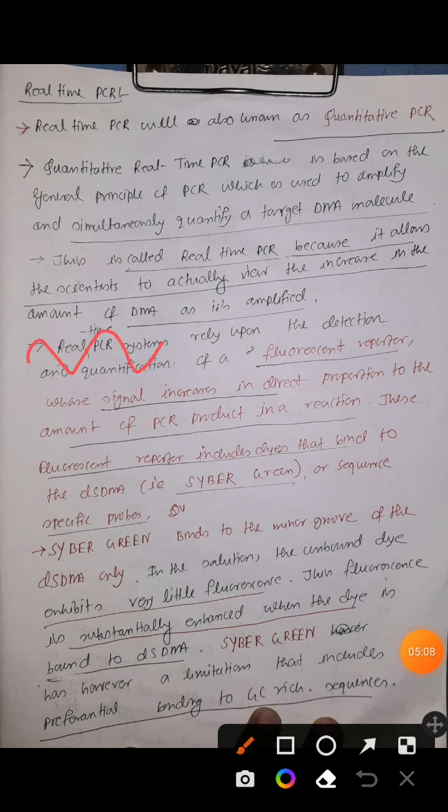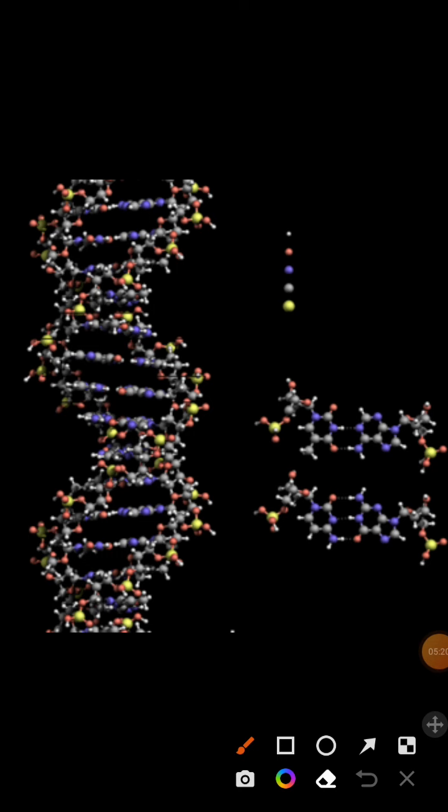Suppose this is a DNA molecule. This is a picture of a DNA molecule that I have taken from Wikipedia. Suppose this DNA is our gene of interest containing DNA sample that we want to apply in qPCR.